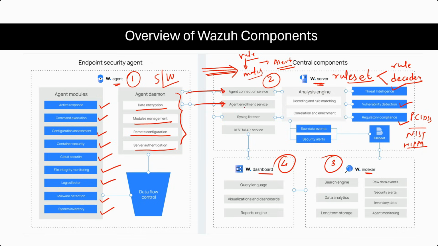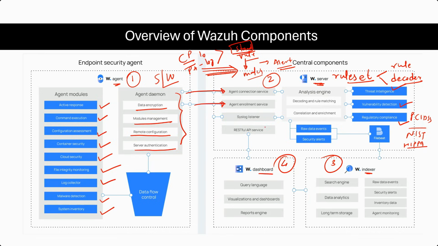But if you have some custom solutions or platform for which the parsing is not done, in that situation, the decoder plays a very important role, because every log has a different format. Checkpoint firewall logs will have a different log format. Palo Alto will have a different log format. But in order to correlate properly and analyze those logs, we need a standard format. So that is done by parsing, that is done by decoders.